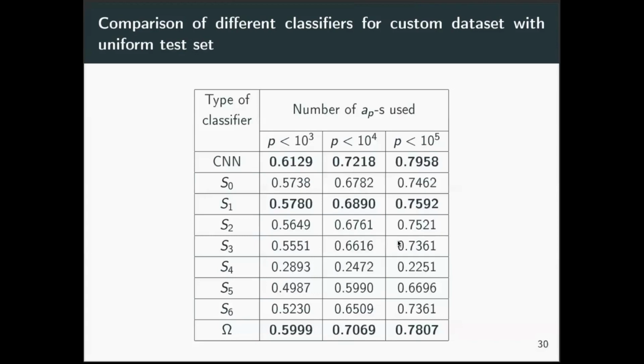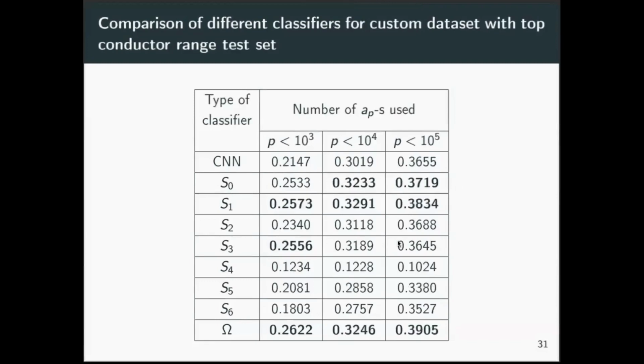In the custom data set, the curves have conductor up to 10 to the third, while in LMFDB they have conductor up to 10 to the 10. So the difference is huge. From a theoretical standpoint, it's very hard to expect that with so few coefficients you could predict this range accurately, and this confirms it.